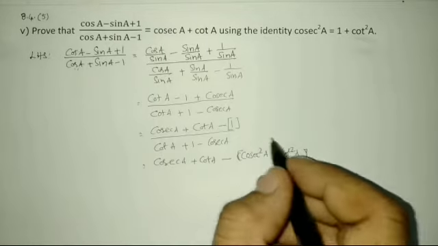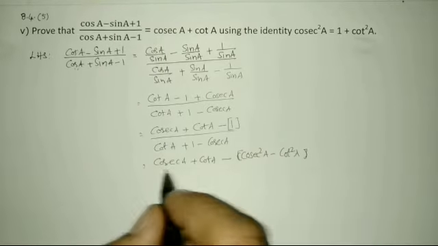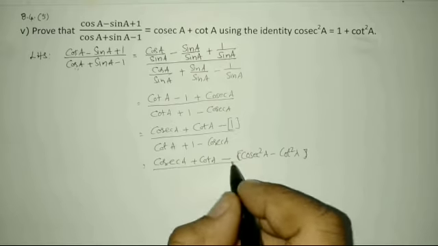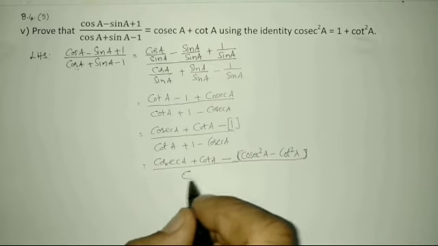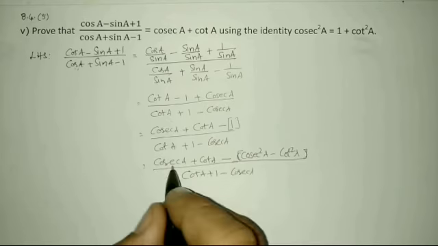So instead of 1, we write cosecant square A minus cot square A by cot A plus 1 minus cosecant A.